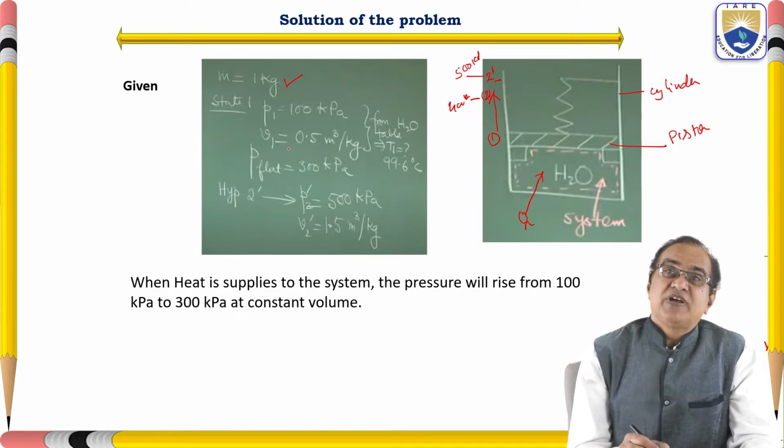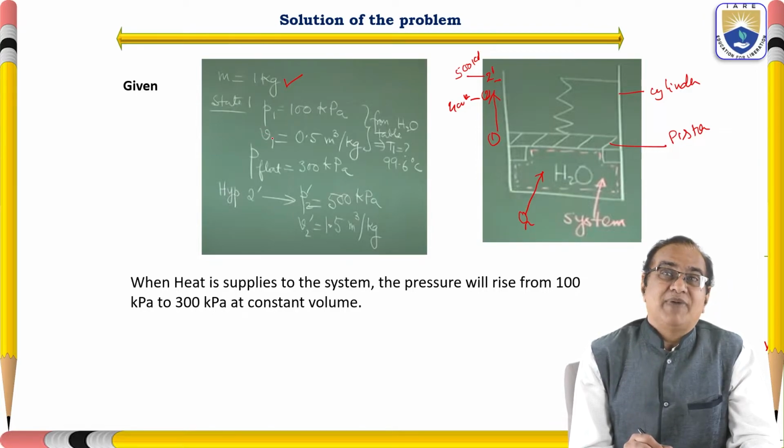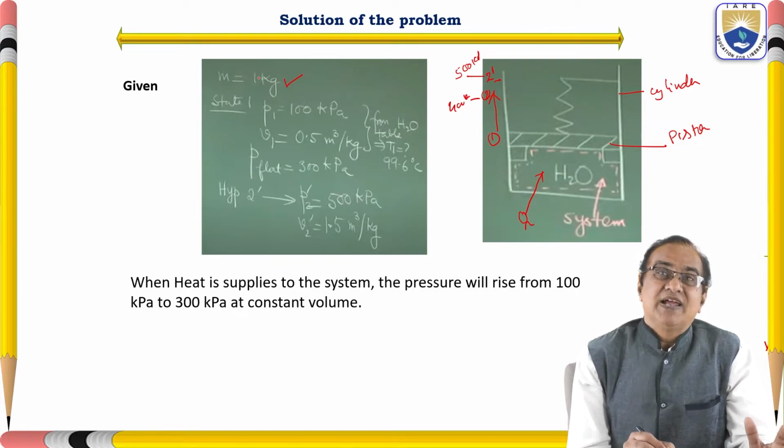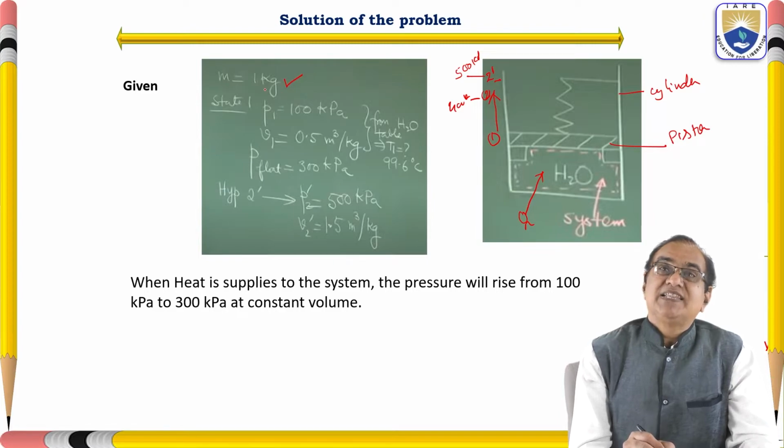So suppose if small v1 is not given, and total volume V1 is given, then we have to divide by mass. Here the mass is 1 kg, so it does not matter. But if we have 2 kg, then we have to divide by 2. So 0.5 by 2 it will be. But here it is given 1 kg, so v1 is equal to 0.3 meter cube per kg.